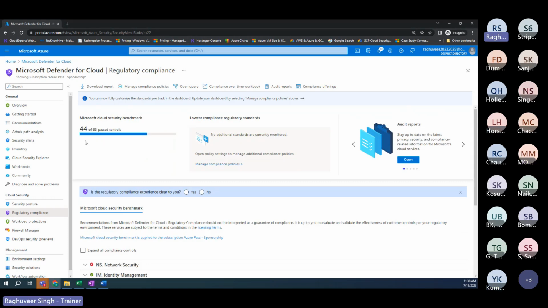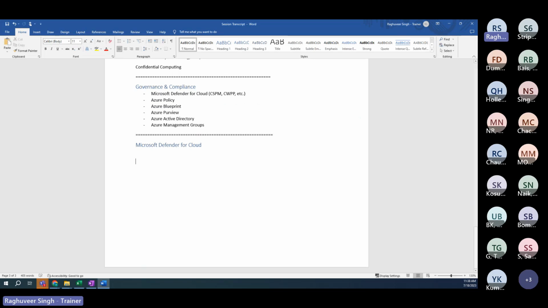Right. If you're not seeing this Microsoft Cloud Security Benchmark and the status, this is only because you don't have any resources in your subscription. Now that you have enabled Defender, go ahead and build some basic services in your account. So in Defender, we wanted to enable Defender plans. This is something that we completed.